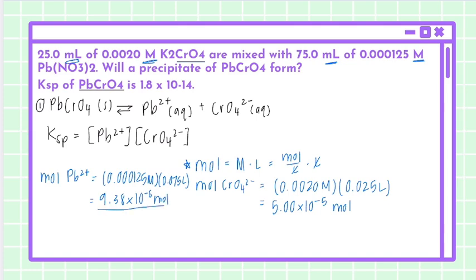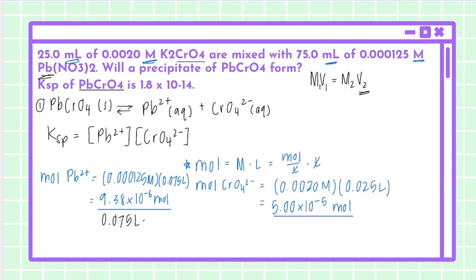But then we're going to take these values and divide by our new volumes. If we think about it, this whole scenario is just an M1V1 equals M2V2. So we found our amount of moles. Now we're going to use our V2s to find our final molarity. So we added 0.075 liters of our Pb(NO3)2.